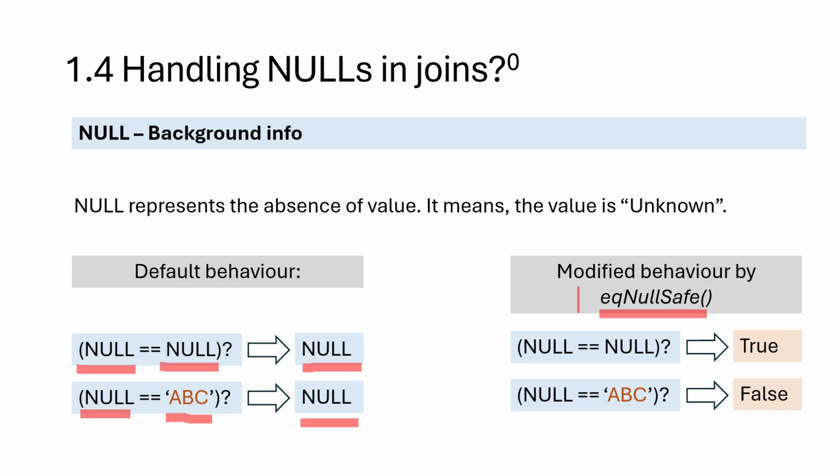In the changed behavior, when you compare a null with another null, true is returned. Whereas when a null is compared with a not null value, in that case, it returns false. With this background info in mind, let us look at different scenarios for handling nulls in joins.